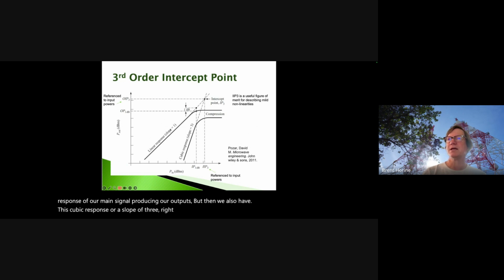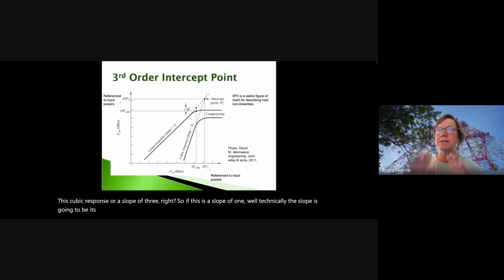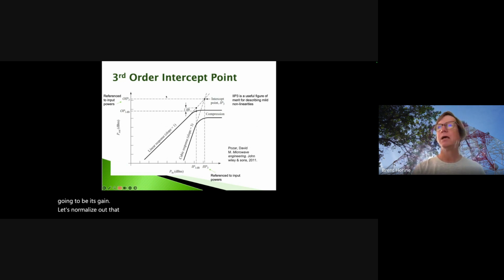So if this is a slope of 1, well, technically the slope is going to be its gain, but let's normalize out that gain for the moment. And so this linear response will have a slope of 1. The third order signals will actually have a gain with a slope of 3, right?